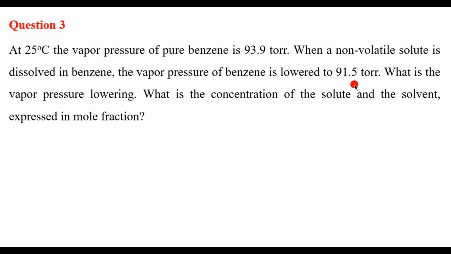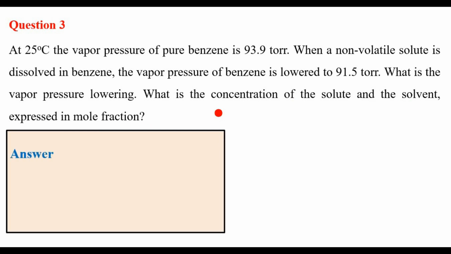That means we have the vapor pressure of the solution after adding the non-volatile solid. Then they are asking what is the vapor pressure lowering, and also what is the concentration of the solid and the solvent expressed in mole fraction.